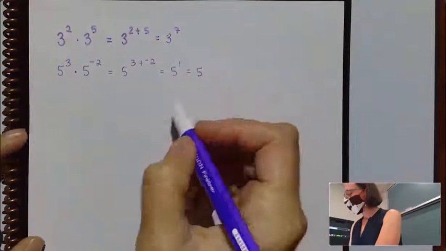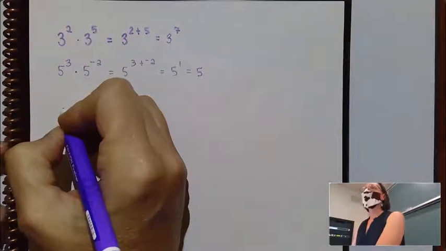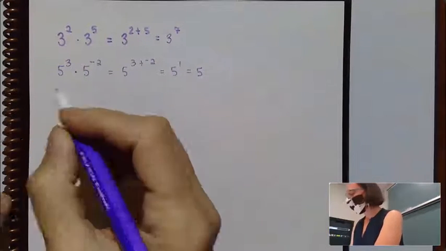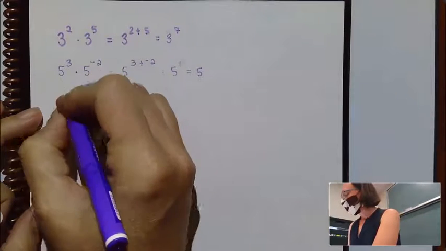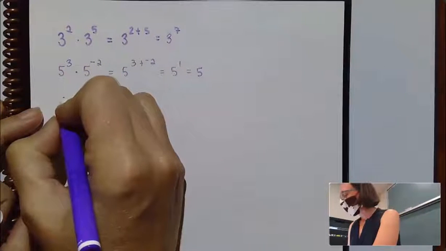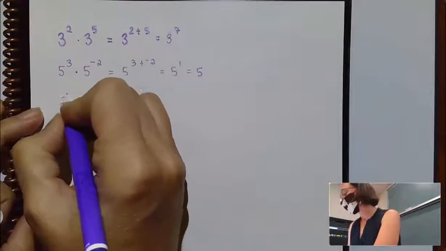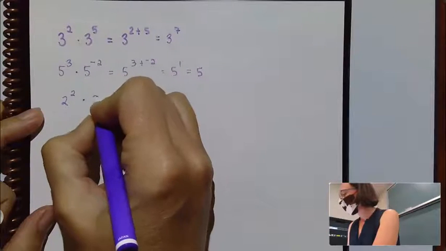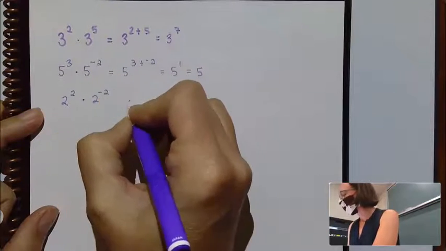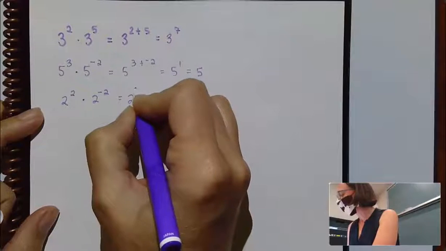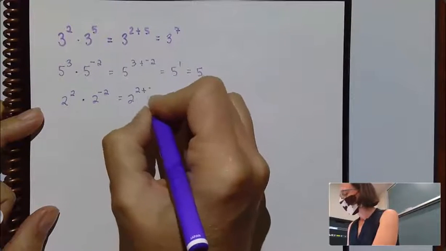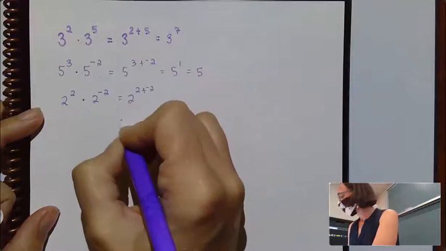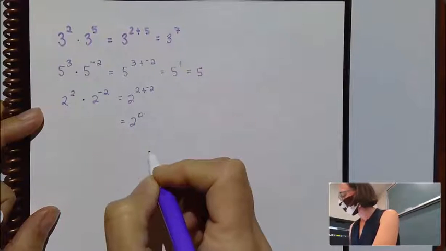And there are a couple of special things that happen with our additive law of exponents, and one of those, just to recap, if I had 2 squared times 2 to the -2, that's a lot of 2's. That would be 2 raised to the 2 plus -2, or 2 to the 0.